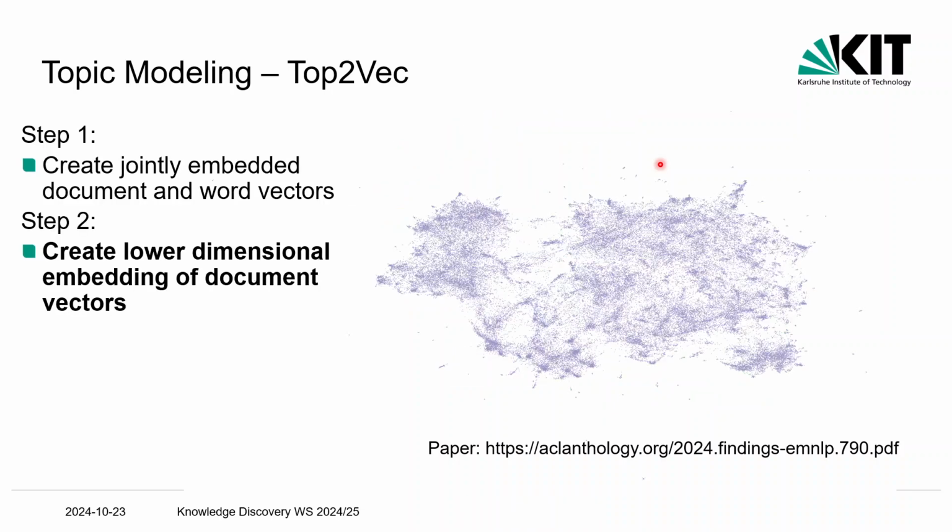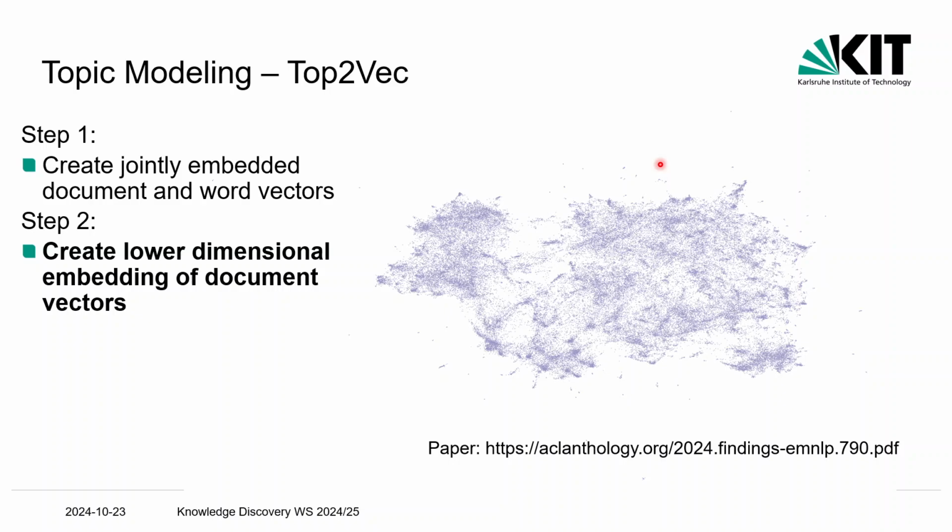Next, we want to lower the dimensionality of the embeddings. Embeddings can be high dimensional, such as the ones we saw before, which were 512 dimensions, and that's kind of hard because some of the newer topic modeling approaches tend to use clustering algorithms, and they tend to suffer from the curse of dimensionality.